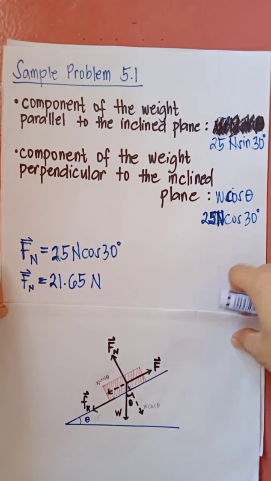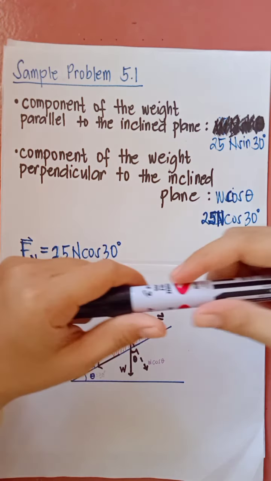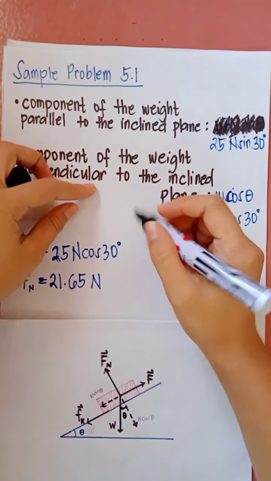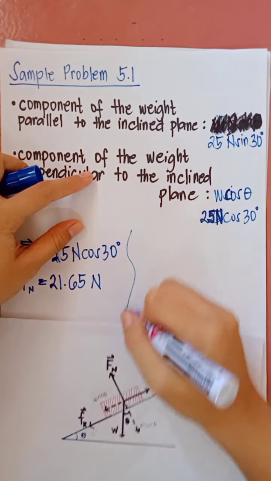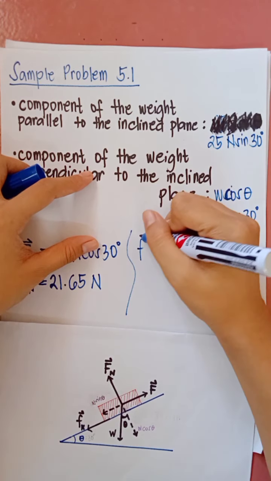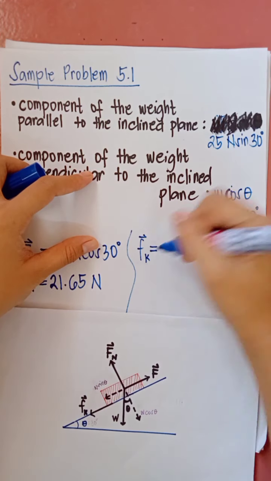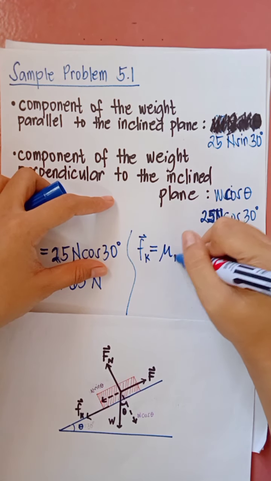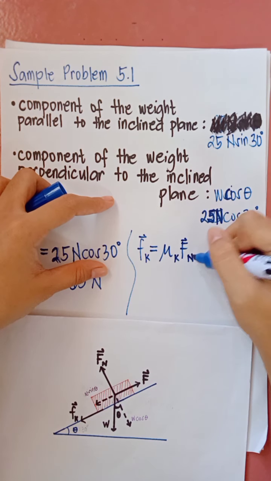Next is the kinetic friction, small f sub k. The equation for kinetic friction is mu sub k times F sub n, or the normal force.